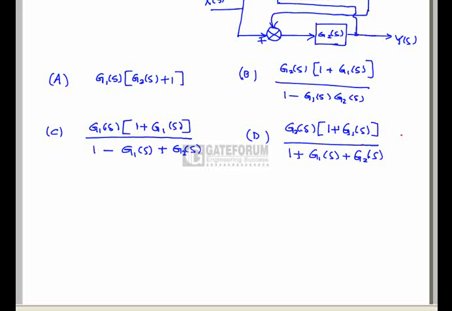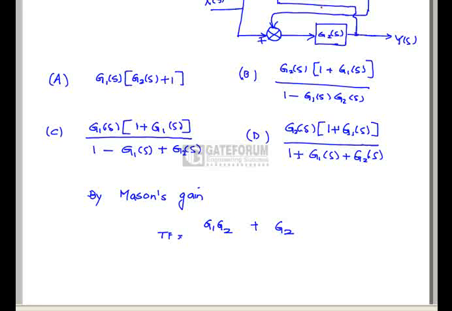Question: for the given block diagram, we have to find the transfer function. By Mason's gain formula, the transfer function equals, for the first forward path, G1 into Z2, and the second forward path is G2.